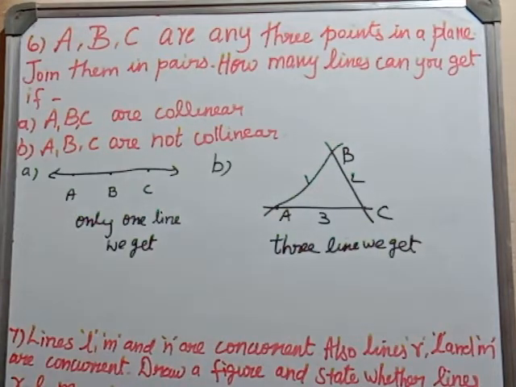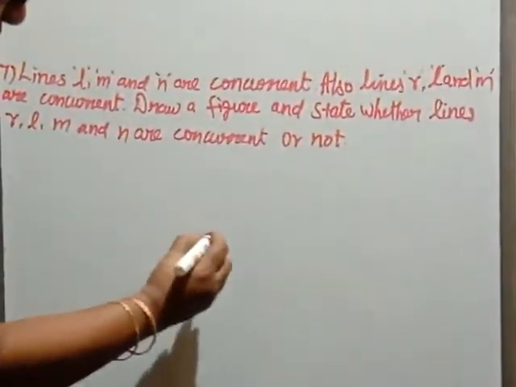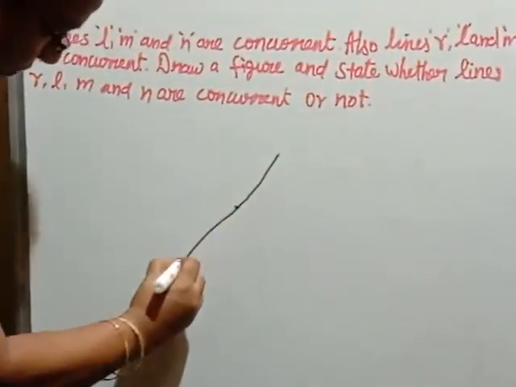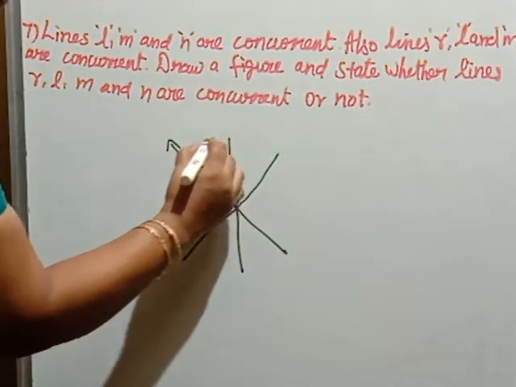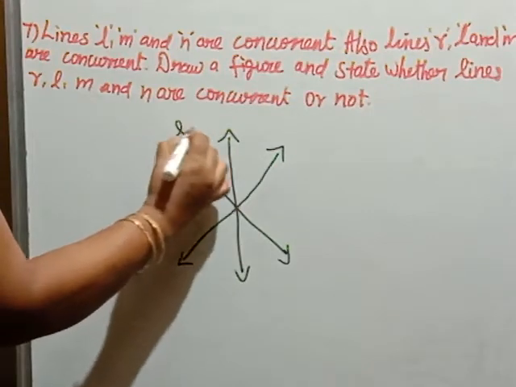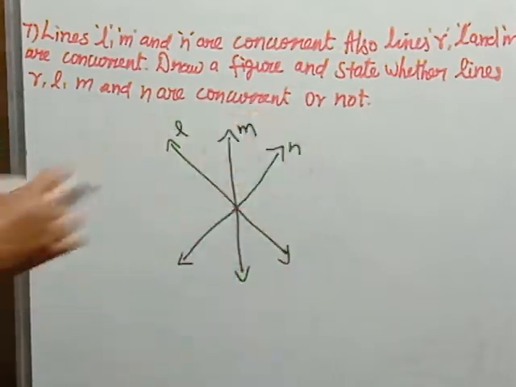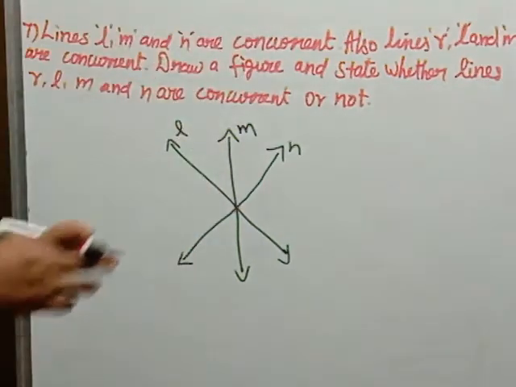Now we'll move to the 7th question. Lines L, M and N are concurrent. What is the meaning of concurrent? Lines passing through the same point. So I'll name them L, M, N. Lines L, M and N are concurrent.